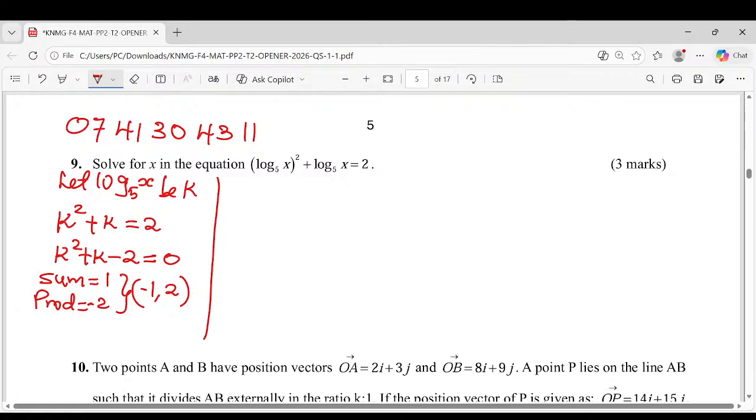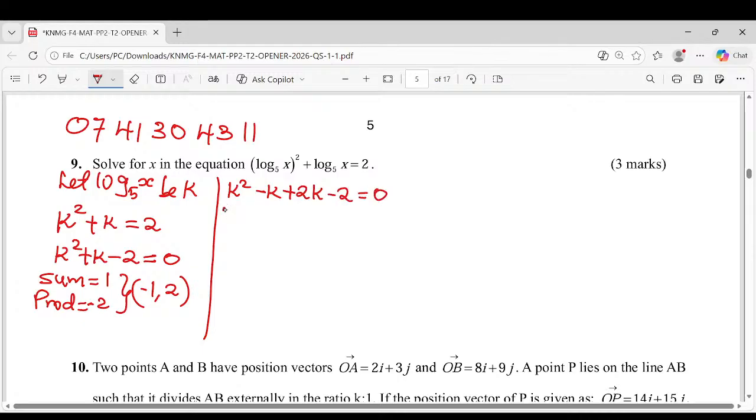When you have that, ladies and gentlemen, we can now work it out further by taking this as k squared, minus k plus 2k minus 2 equals 0.